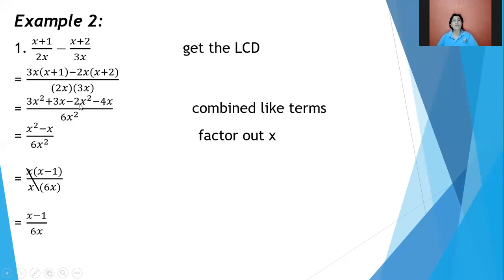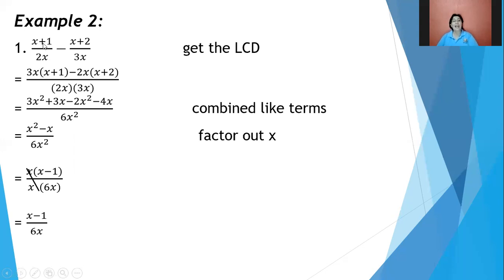Example number 2. We have x plus 1 over 2x minus x plus 2 over 3x. Getting the LCD, the least common denominator of 2x and 3x is equal to 2x times 3x. And then we have 2x times 3x divided by 2x is equal to 3x.